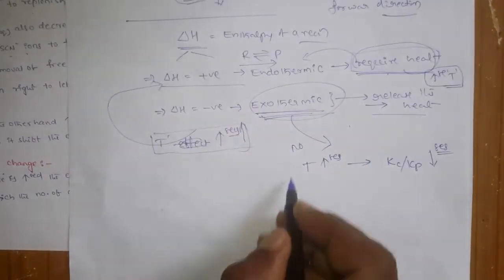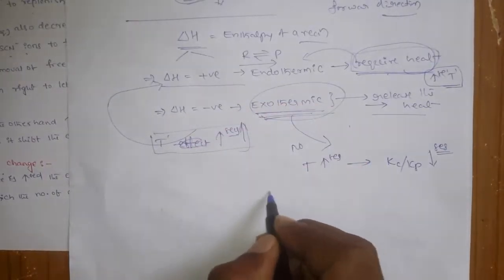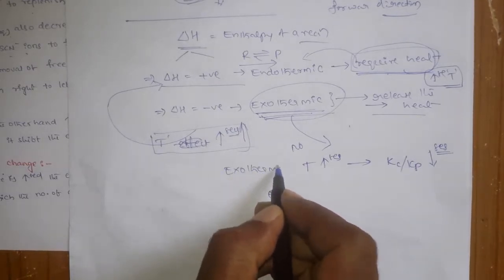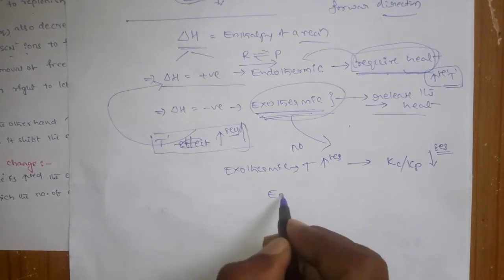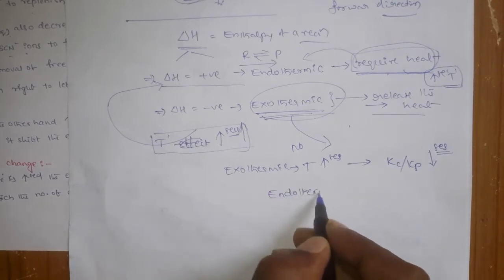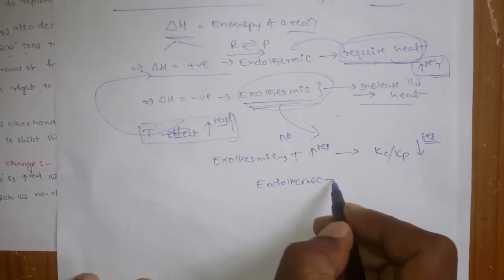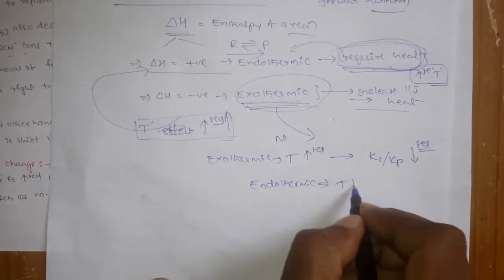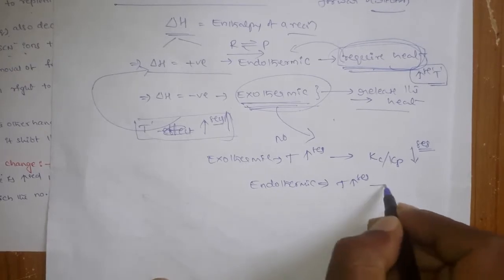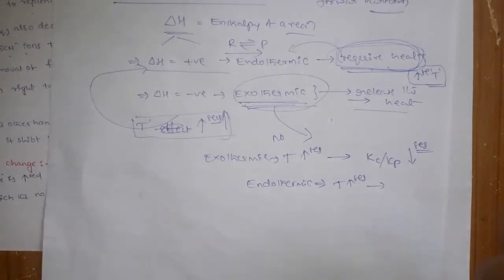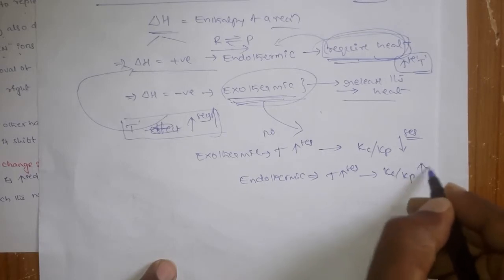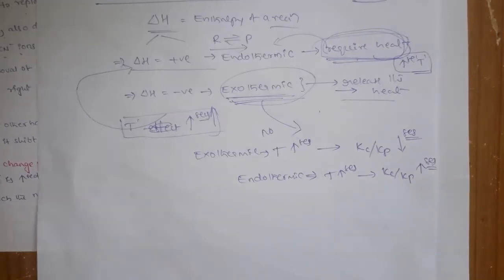That is for the exothermic. Now come to the endothermic. For the endothermic, what is the condition? It requires heat, so when you increase the temperature, obviously you are supplying heat. So the Kc or Kp value increases, the equilibrium constant increases.